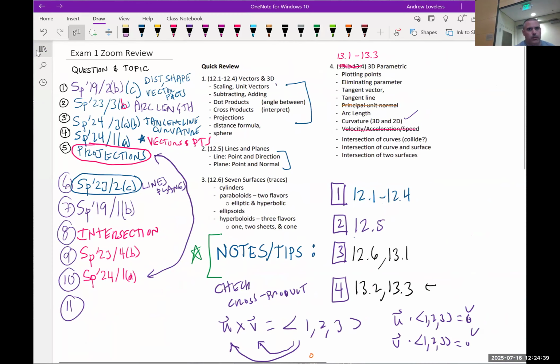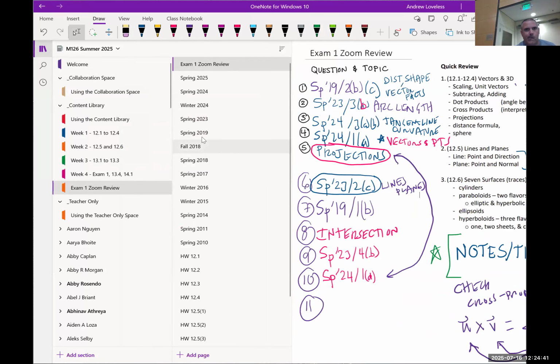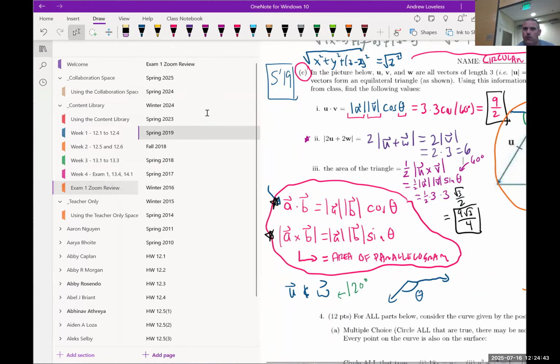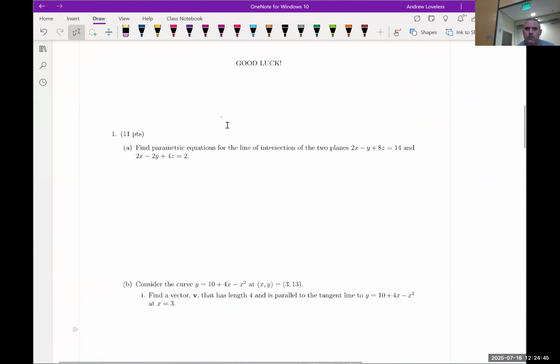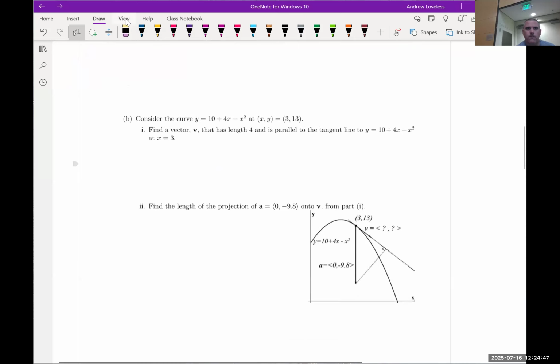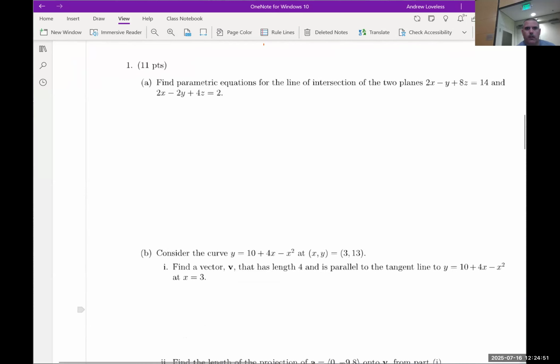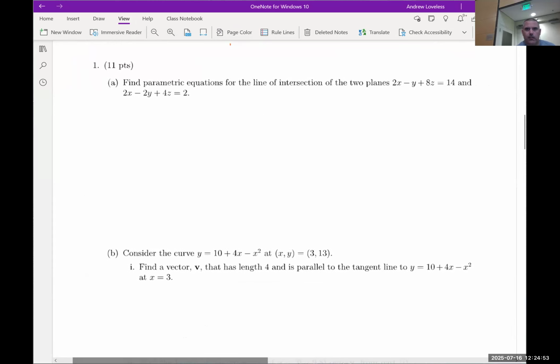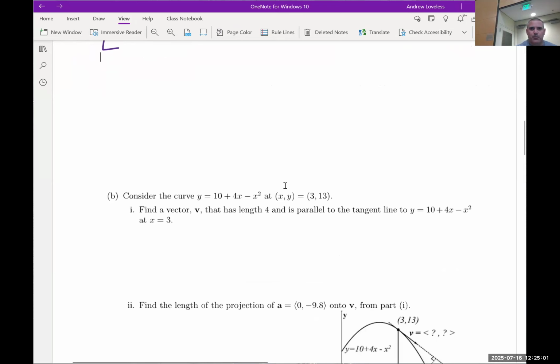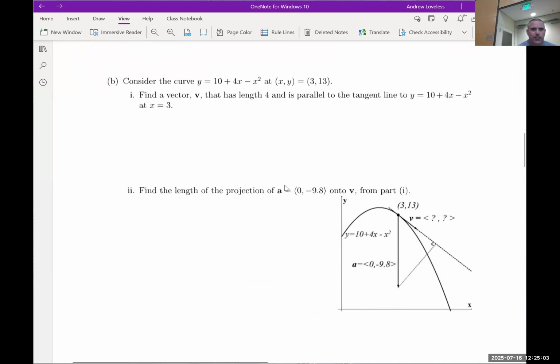Spring 19, 1B. Okay. So you weren't asking about this, but now we have a strategy here. Right. So we'd find 2 points. So B has a couple things in it.